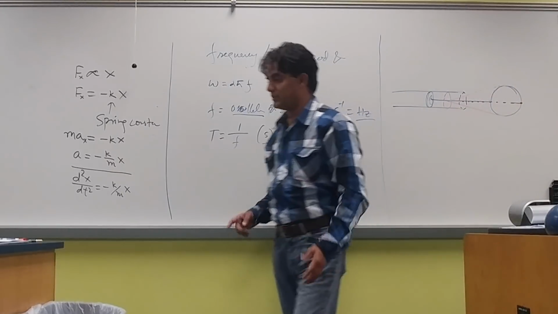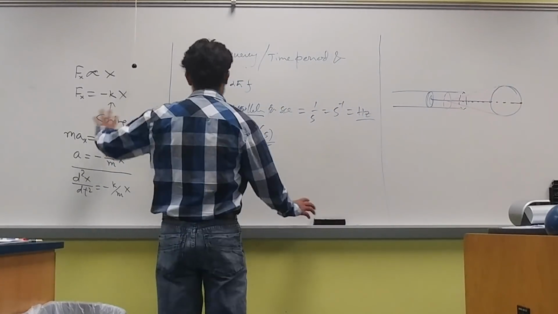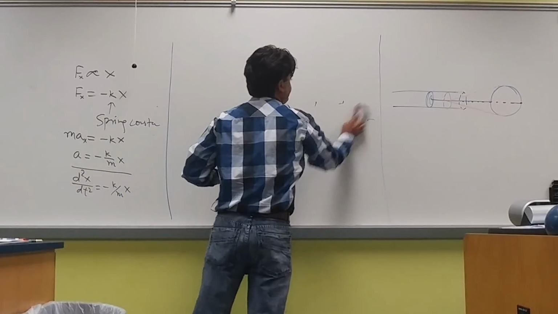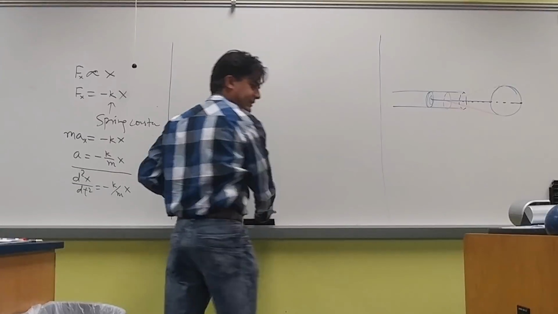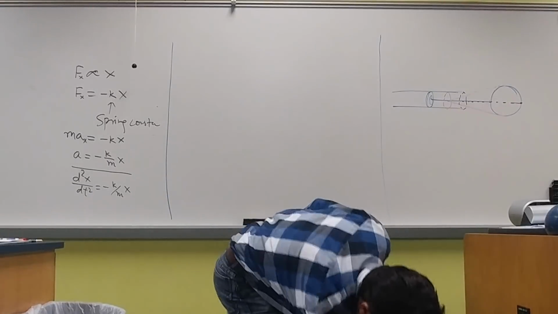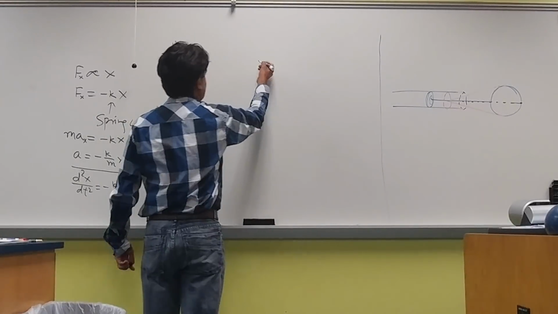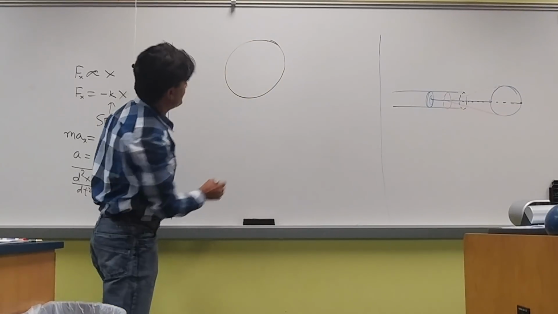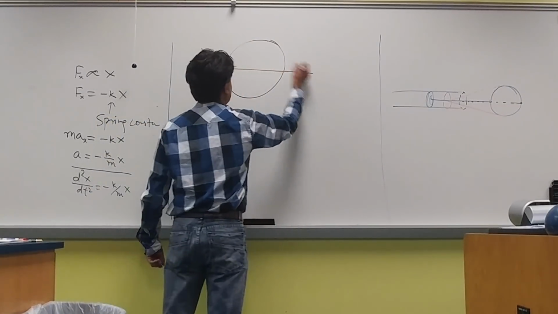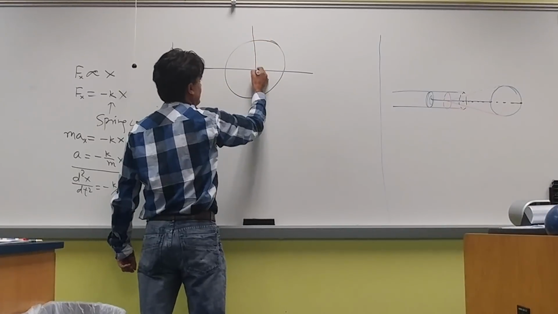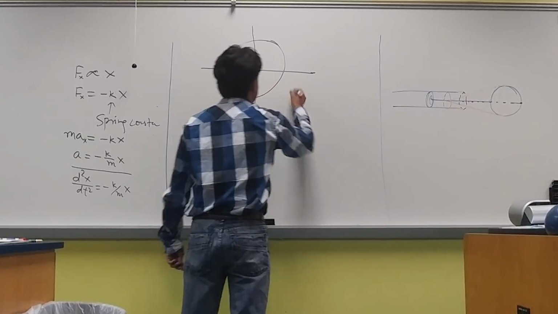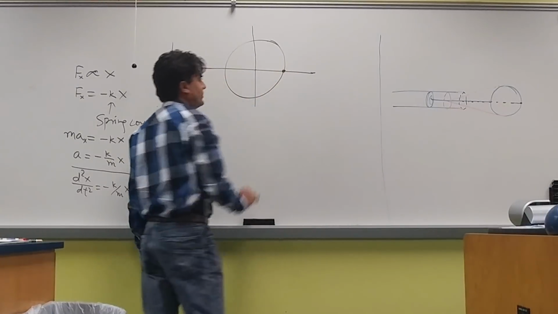So in other words, I'll erase this one and draw a circular motion and then the projection. This is my circular motion. Let's start here.